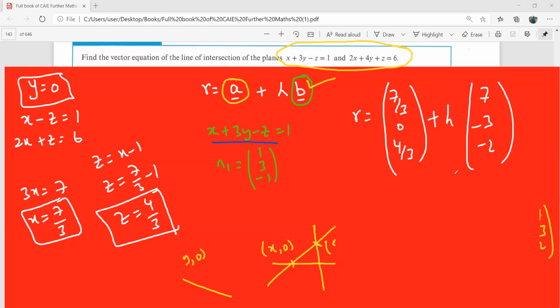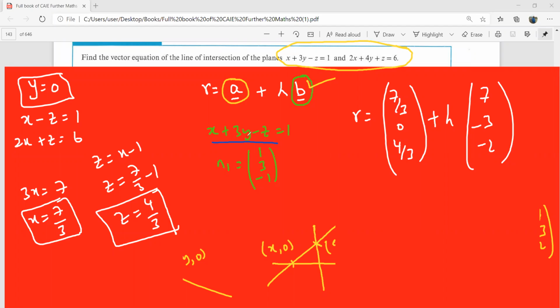So let me give you a recap. You will find the direction vector of this line through the cross product of the normals to both the planes. And then you will have to solve the equations of the plane simultaneously to get the position vector of a point on this line. Okay, we are solving these two equations, the equations of planes, because this line is contained by both the planes.